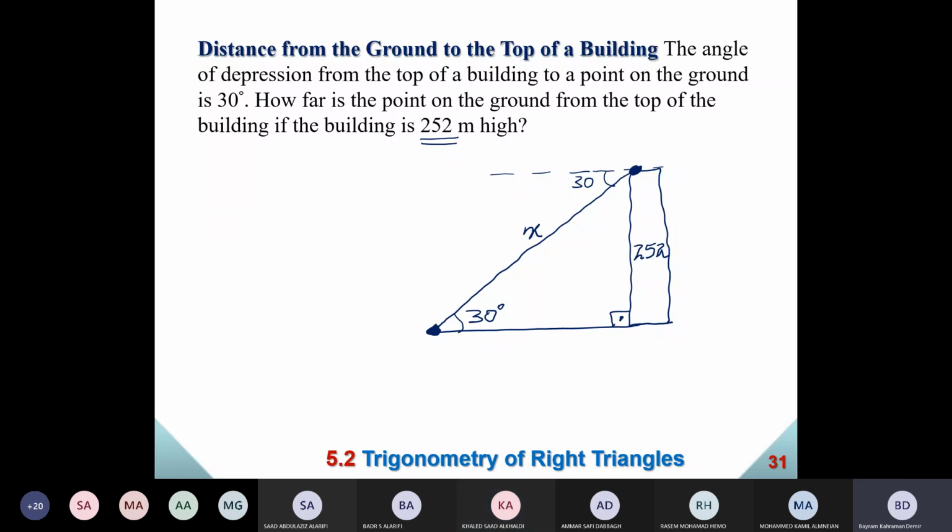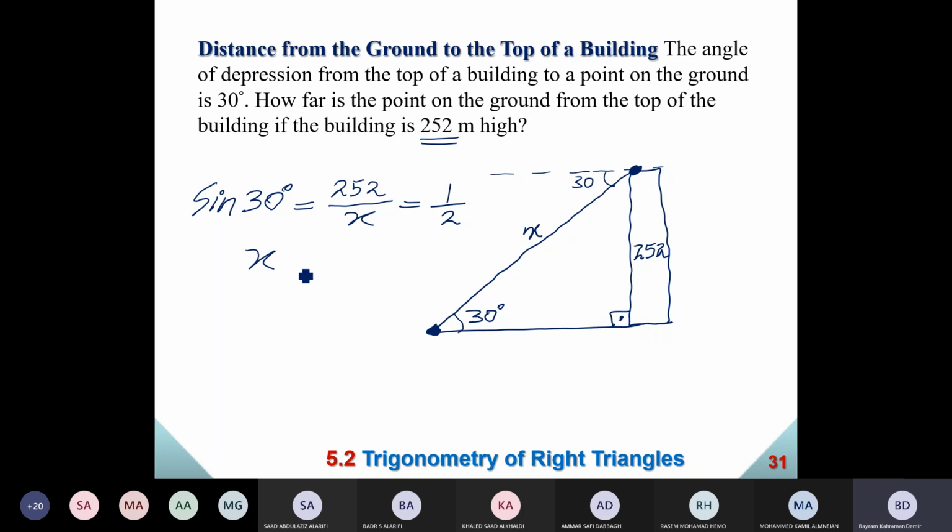Exactly. We need to use sine, Shabab. Sine of 30 degree should be 252 divided by x, which should be equal to half, because sine 30 is half, right?